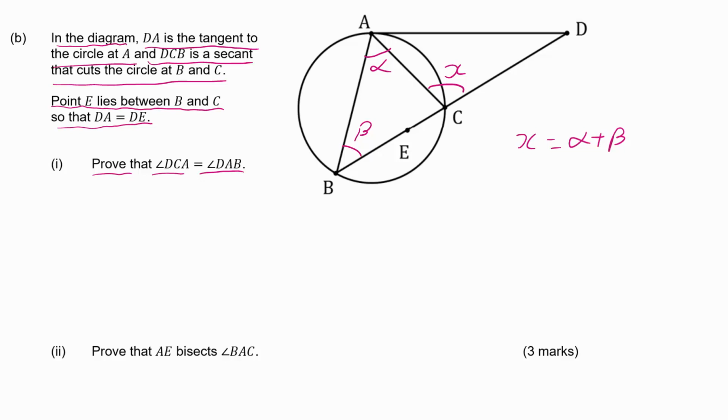The other way of doing that would be to say that this angle here is 180 take away alpha plus beta, and then of course X being on a straight line with that angle would be 180 take away 180 take away alpha plus beta, which would just give me alpha plus beta.